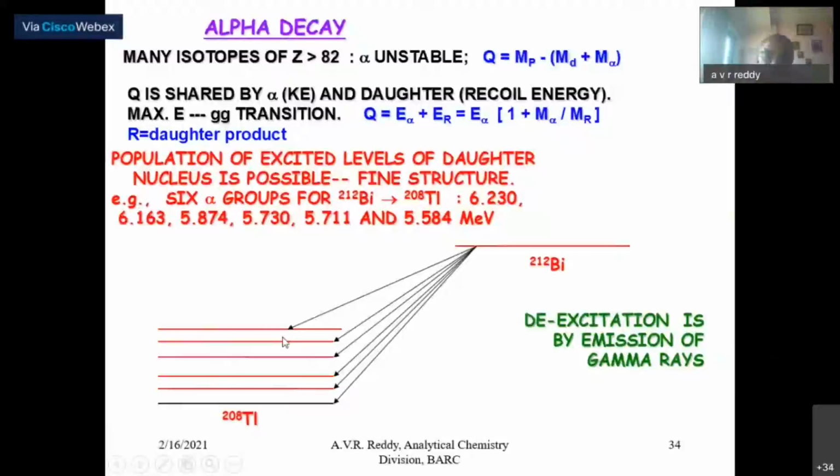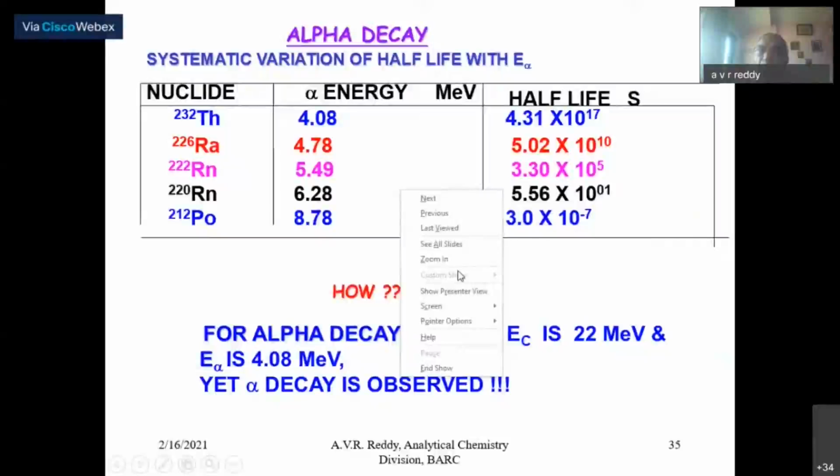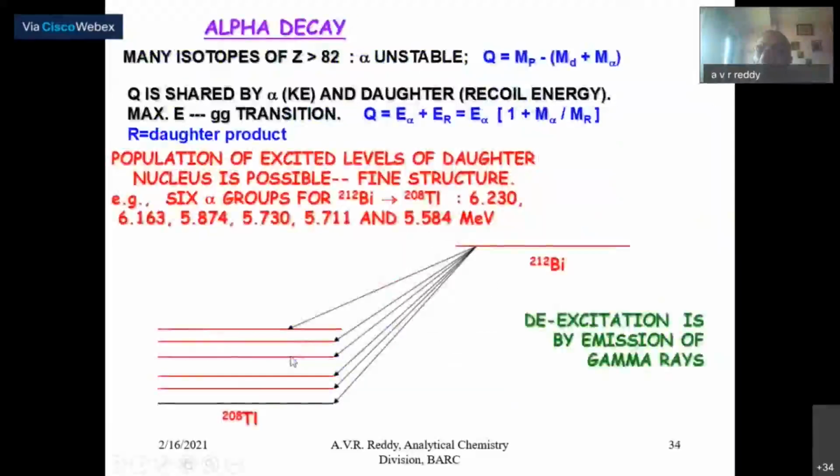But an important point is the structure of the 208 thallium. So this is one important thing: nuclear properties and nuclear decays are all the way we go to understand the nuclear properties, nuclear forces, and nuclear structure. Okay. So this is what I wanted to tell.